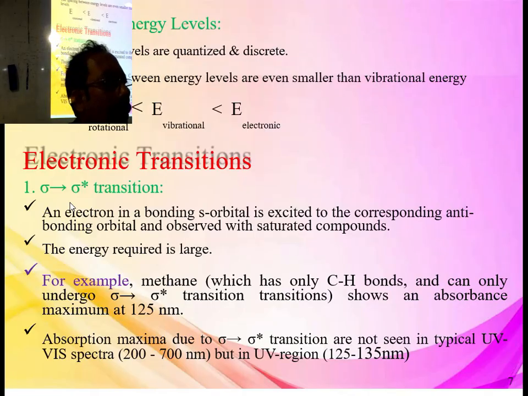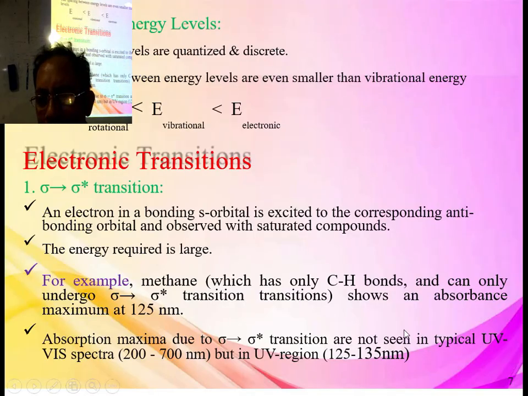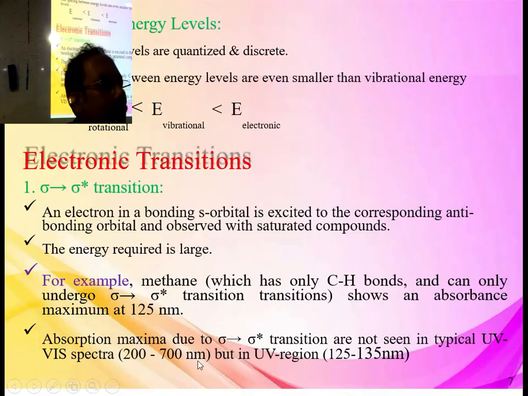You cannot generalize. Specifically for every molecule you have to decide how much energy is required, and how to do that? By actual measurement. You cannot predict without testing what the value will be. So these wavelength values that are given are actually tested values.